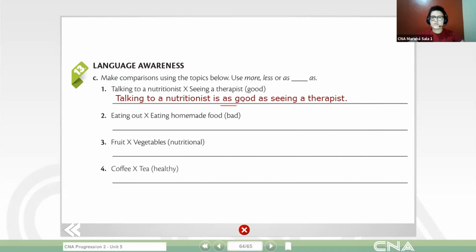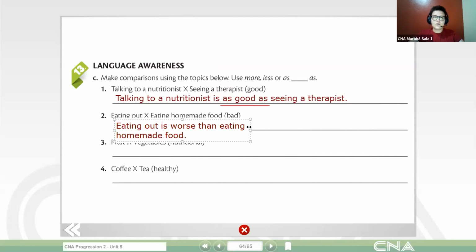So it is as good as. In the second one, I'm going to put inferiority, but with the specific adjective. So eating out is worse than eating homemade food.